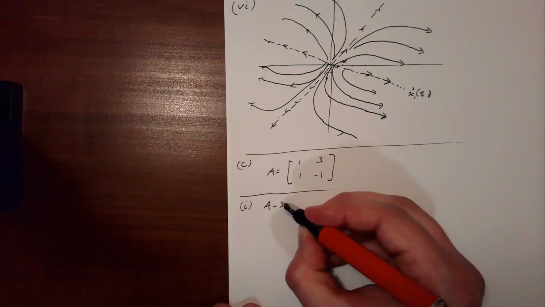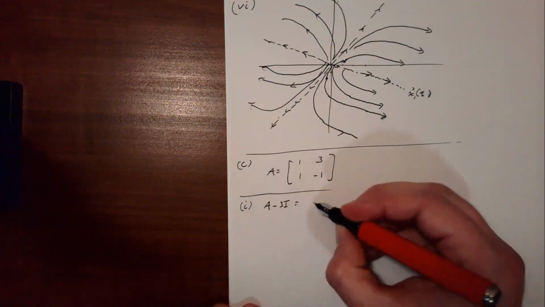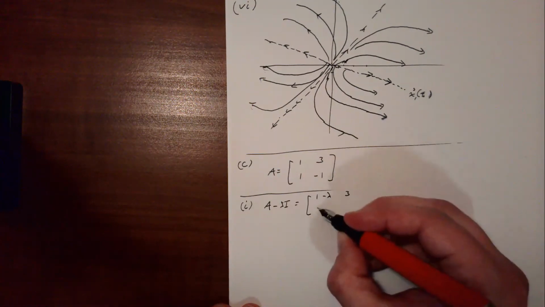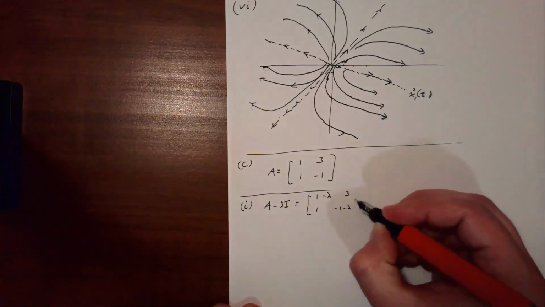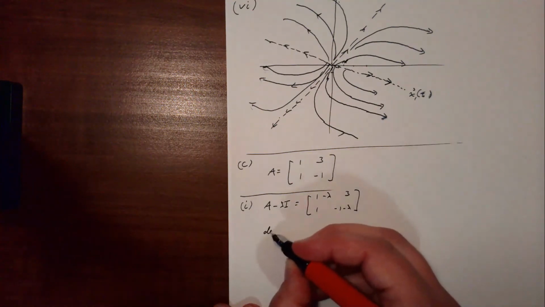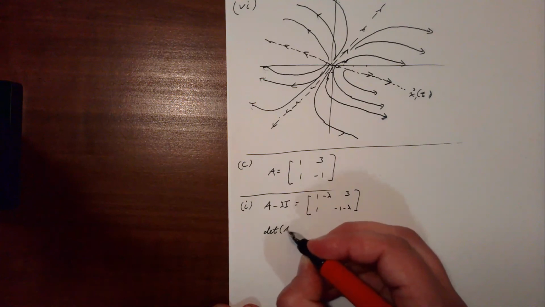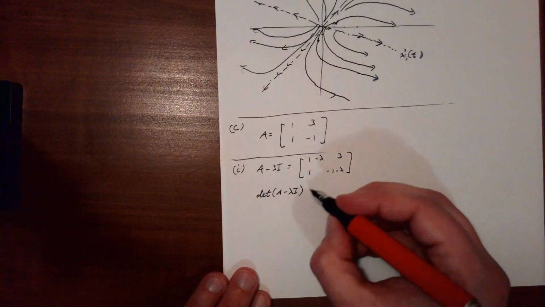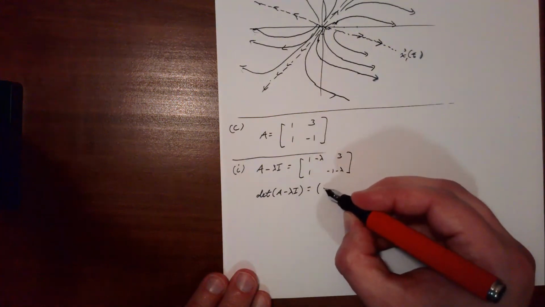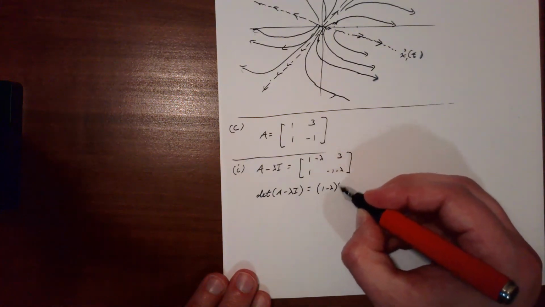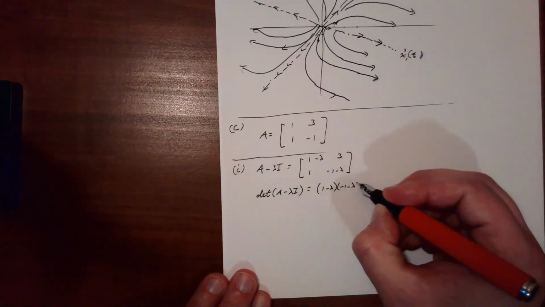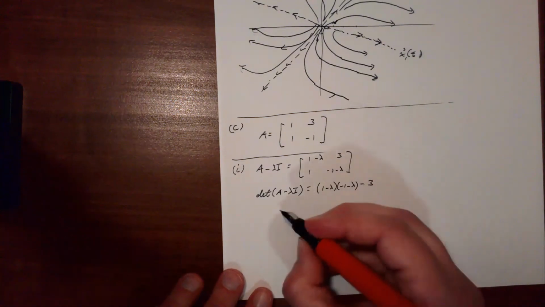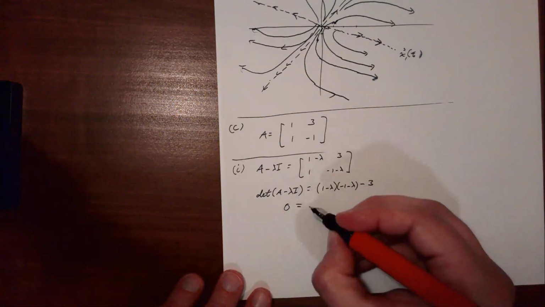So, A minus lambda I, 1 minus lambda, 3, 1, negative 1 minus lambda. Now, make the determinant of that. So, the determinant of the same is equal to 1 minus lambda times negative 1 minus lambda minus 3. 0 is what we set this equal to, and what do we have?